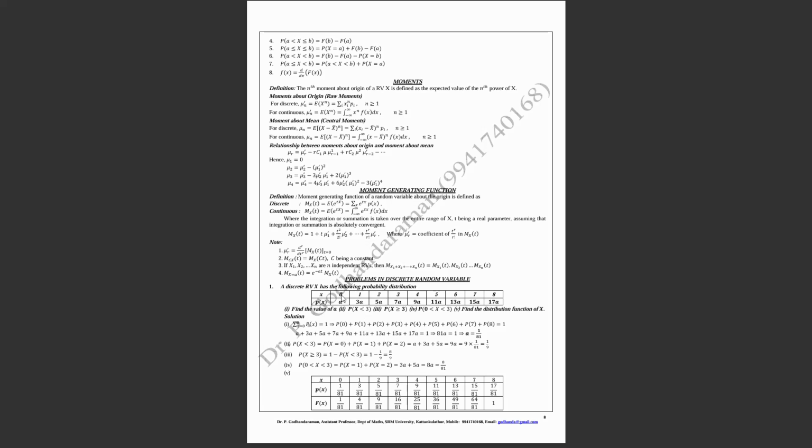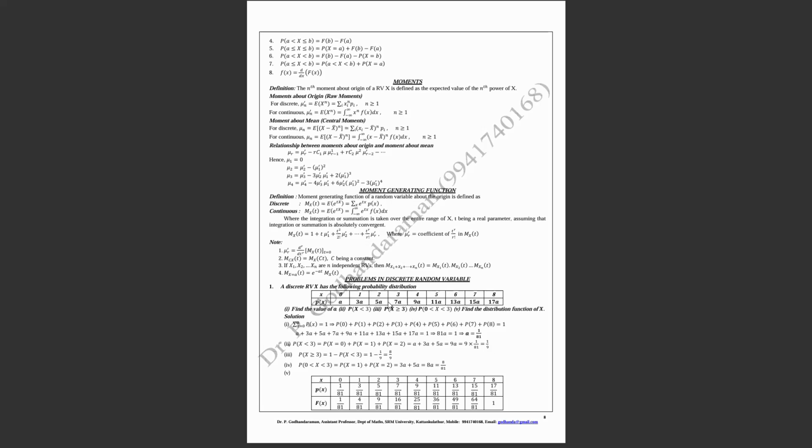If x is equal to 0, p of x is a. X is equal to 1, p of x is 3a. X is equal to 2, p of x is 5a. So 5a plus 3a plus a is equal to 9a. Therefore, 9a is the answer for p of x less than 3. We already have a equal to 1 by 81, so 9 by 81 is equal to 1 by 9.